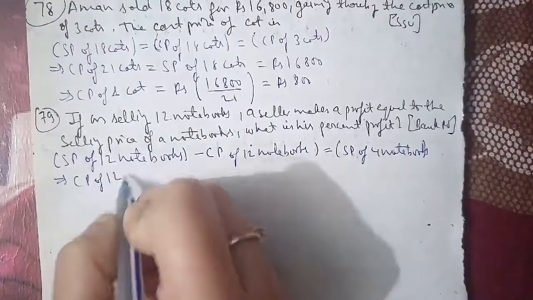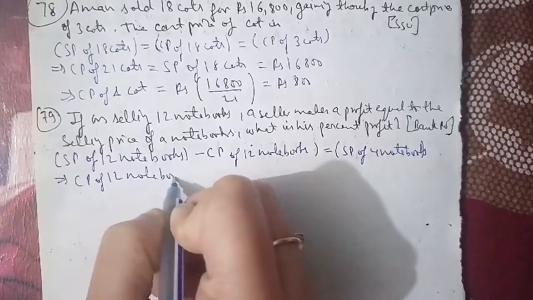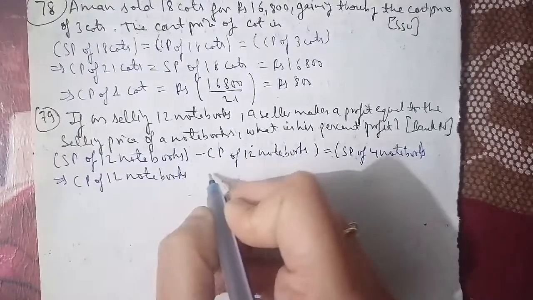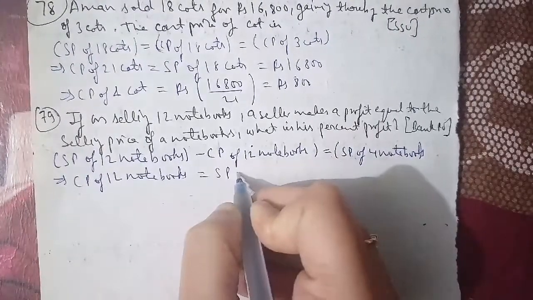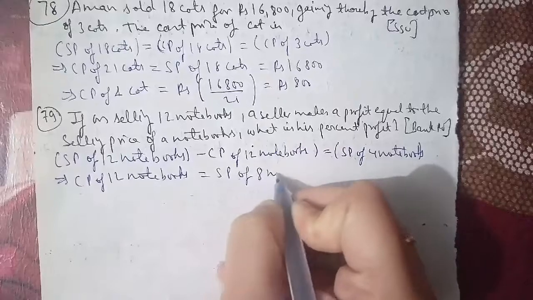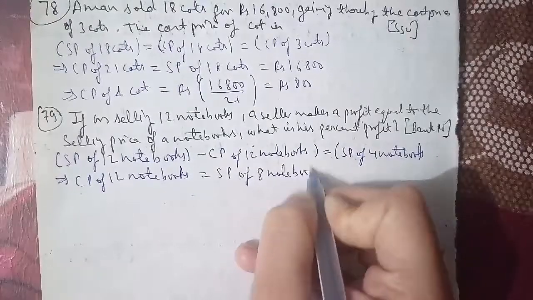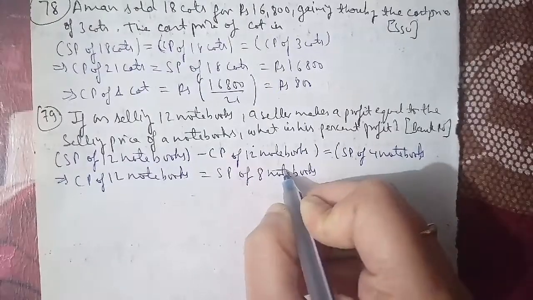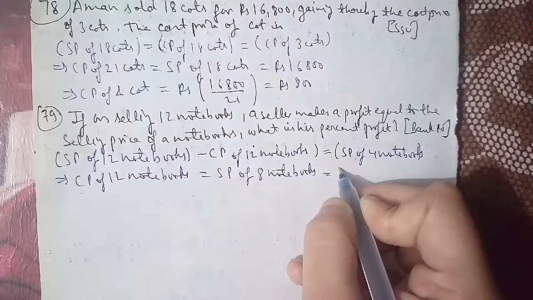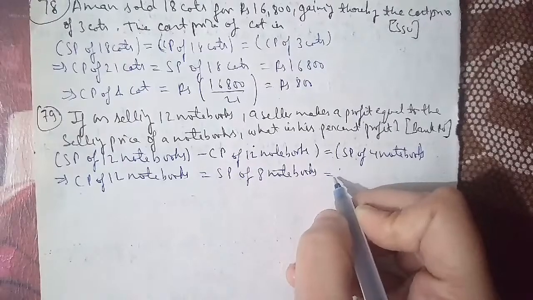So CP of 12 notebooks equals SP of 8 notebooks, which is what we have to find out.